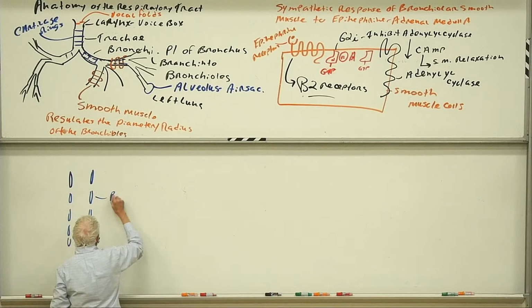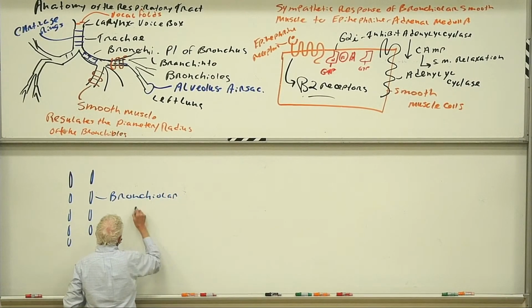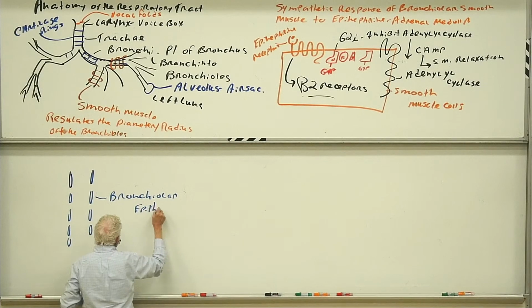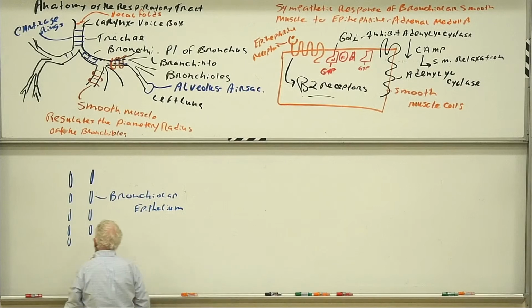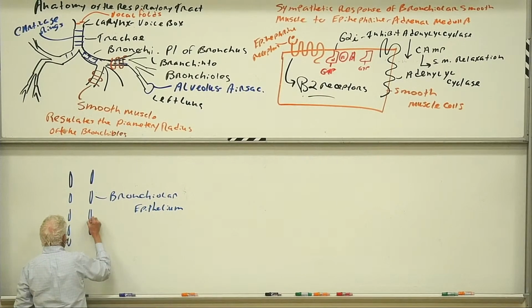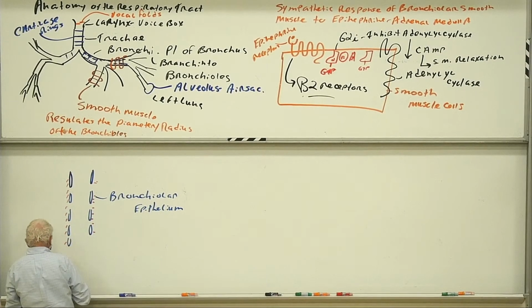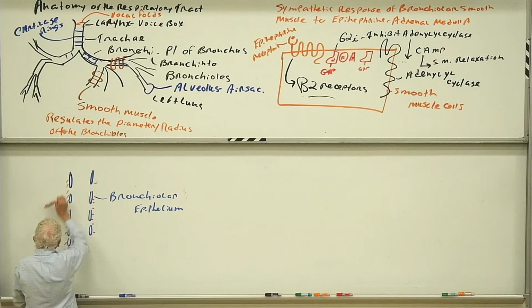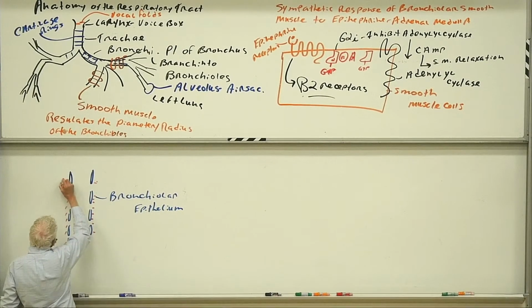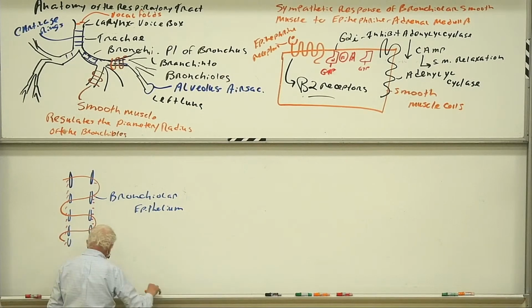So this is the bronchiolar epithelium. It sits on a basal lamina. And outside that basal lamina, surrounding the tube, is going to be the smooth muscle. The smooth muscle is going to snake around that bronchiole.